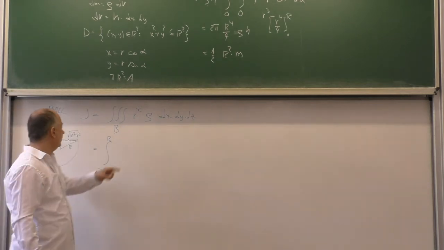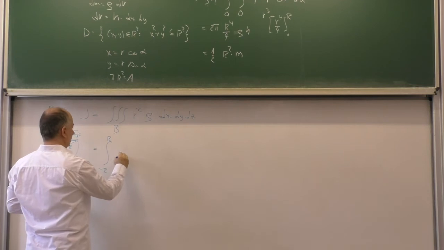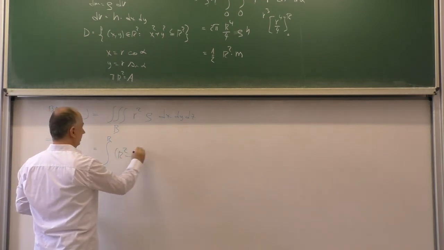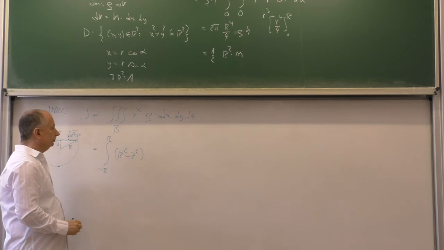And we want the square of this distance, so we want R squared minus z squared. This is the integrated function.